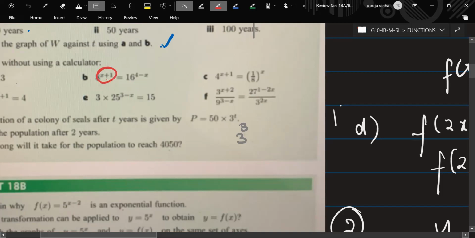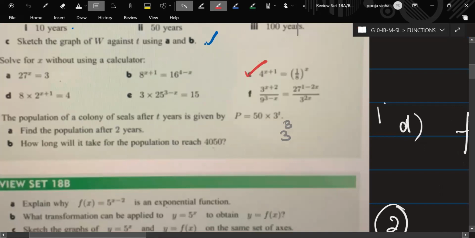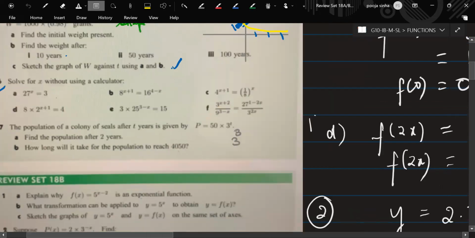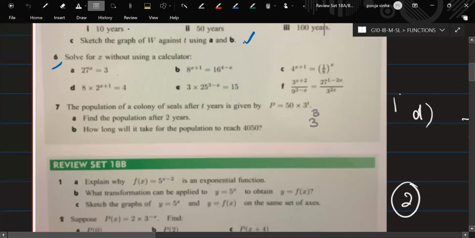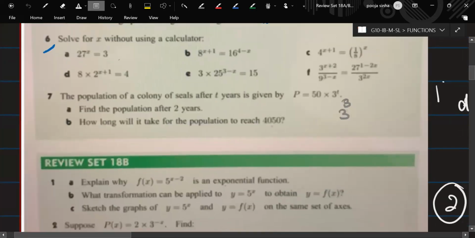When you're getting divided, you subtract them. The same base hona chahiye, that's the condition. So will you be able to try doing C, D, E and F? So when you come tomorrow, be ready with these. Okay, then is 7th question.